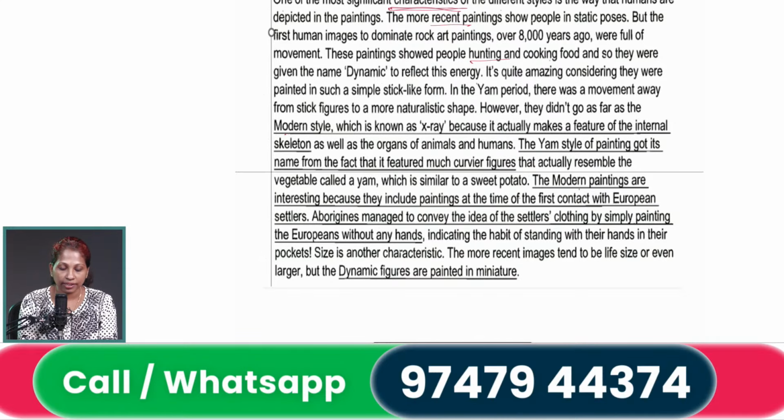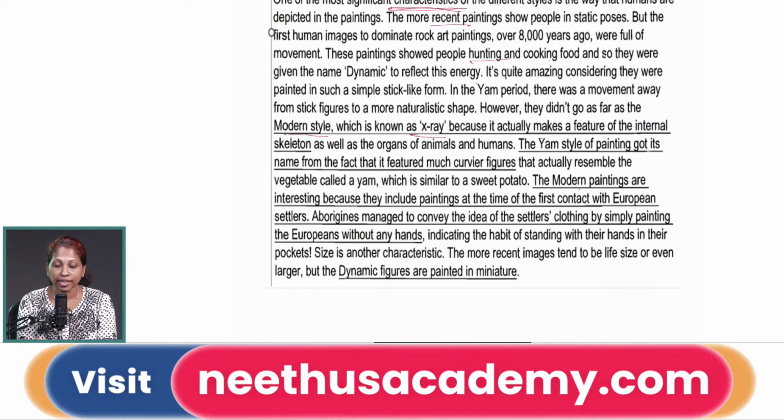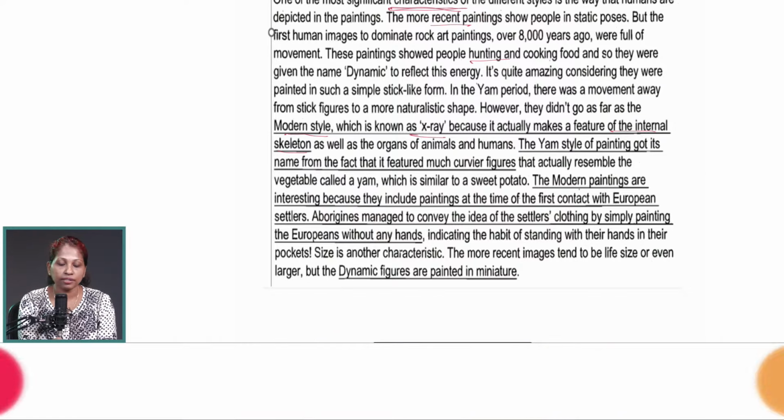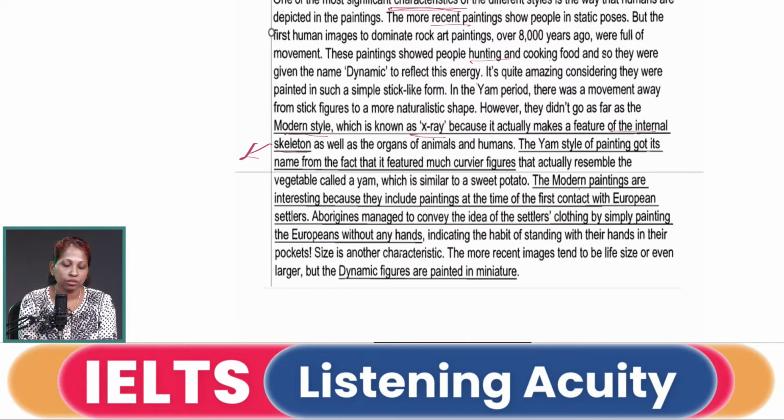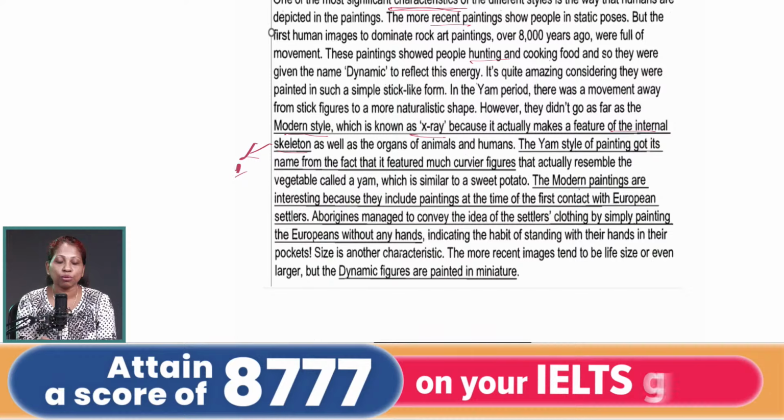Now, modern style, which is also known as an X-ray, why? Because it actually makes a feature of the internal skeleton. So skeleton is synonymous to bones, right? So when we take an X-ray, we get to know what is inside your body. So that's why it is called an X-ray.